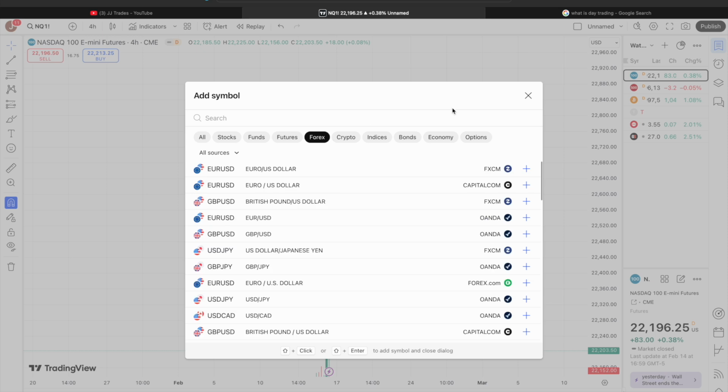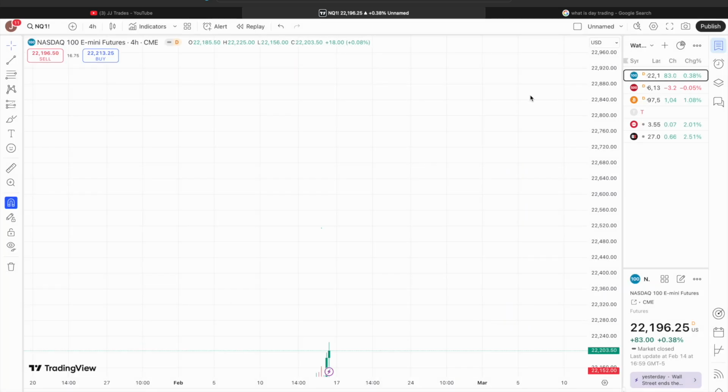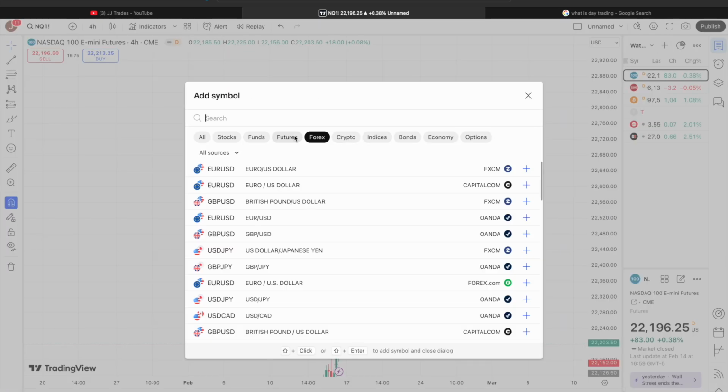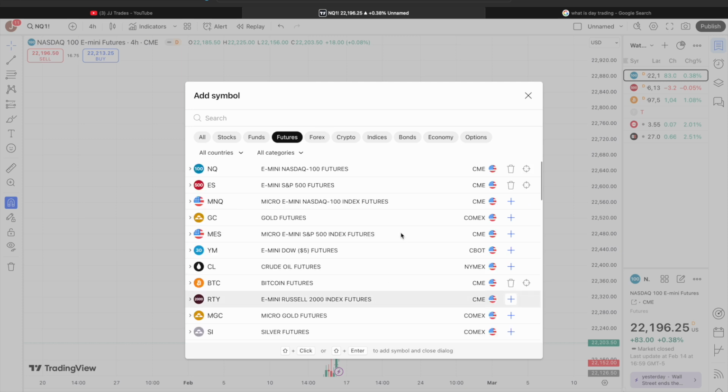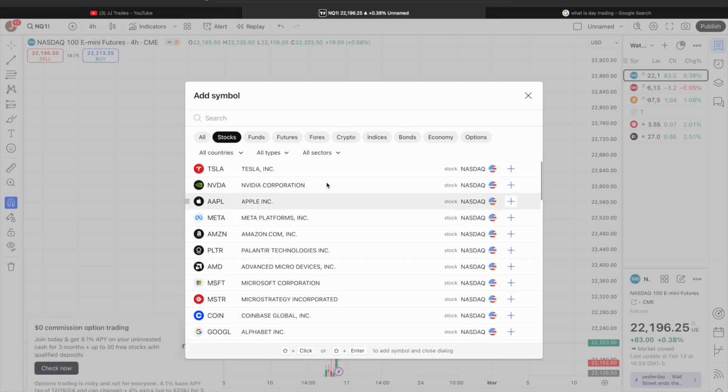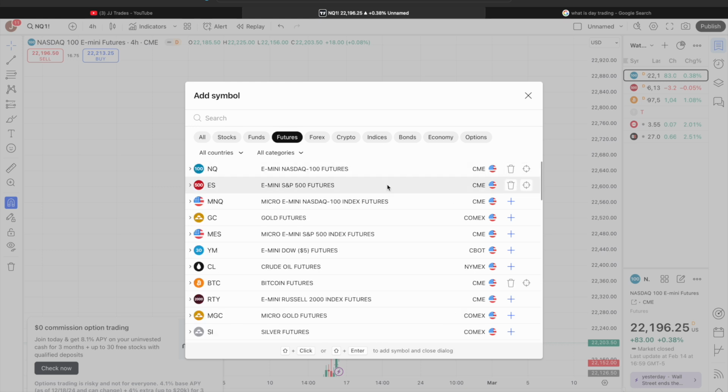Stocks, futures, and Forex. This is what you need to do to get started in trading one of those. I would recommend futures. With futures, the charts are regulated, whereas some of these stock charts are not all from the same broker, and the prices might fluctuate differently. But futures are all regulated, and they're all monitored by one person, per se, and they're all going to read the same.